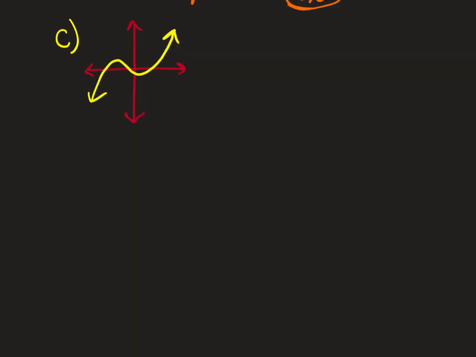C part, we have a graph, and we want to know if each input, each x, has exactly one y. We could do this by using the vertical line test. So I could test out several different places with the vertical line. I could try right here. It crosses one time.